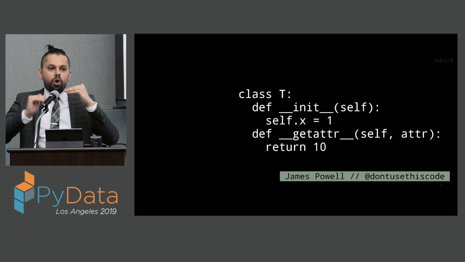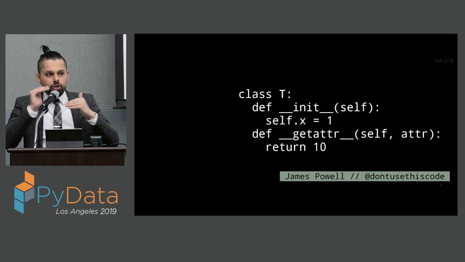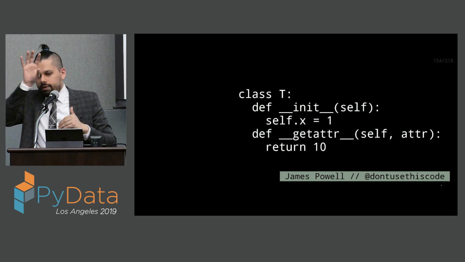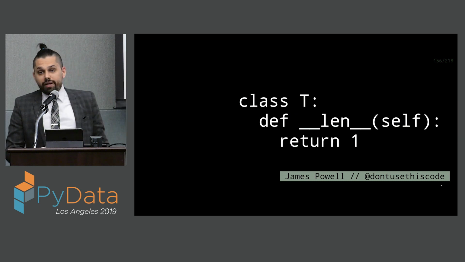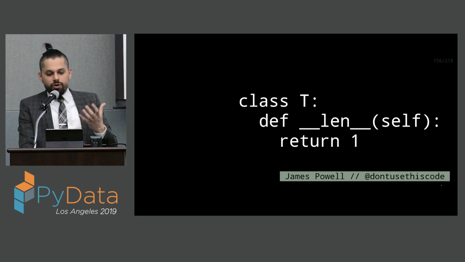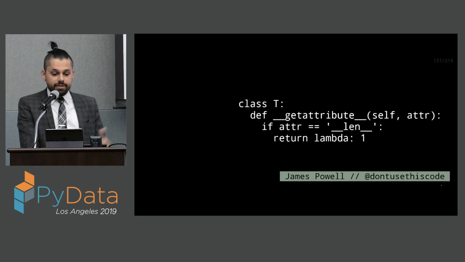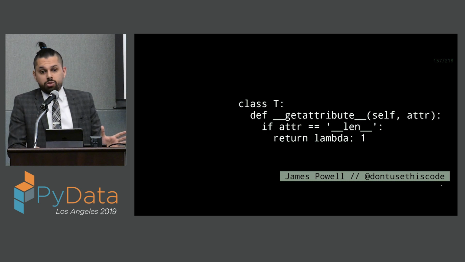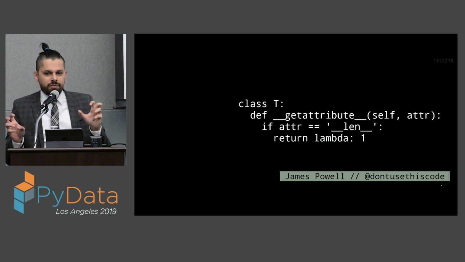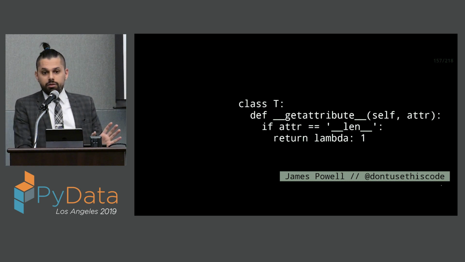But you know that these two are hook points where you can hook into what happens when you do type dot or instance dot something. And you know that there are also protocol methods like __len__ that you can implement in order for this type to be able to respond to what its length is. But if you try to use __getattribute__ in order to implement __len__, this doesn't work. You can't tell __getattribute__, oh, when somebody asks me for my __len__ method, give it this particular method.